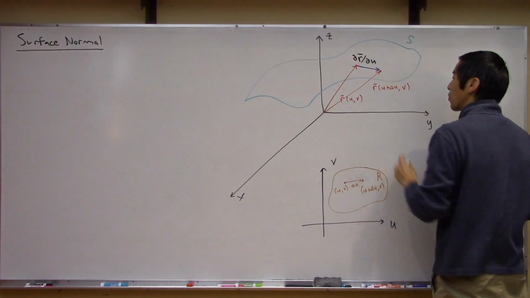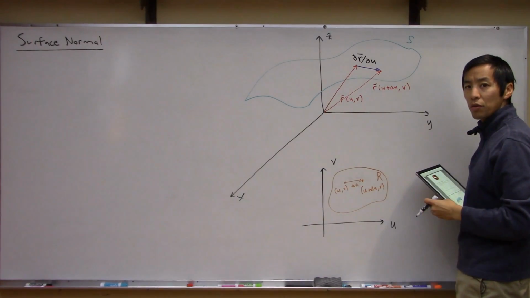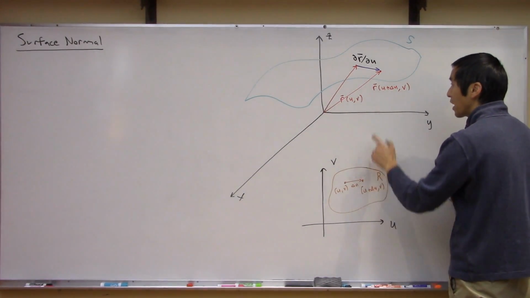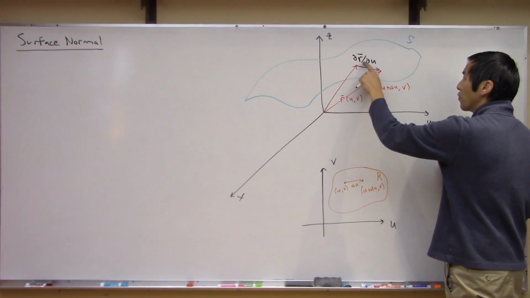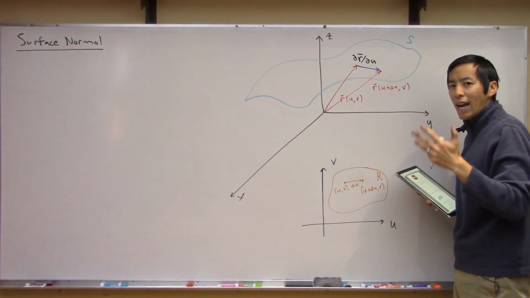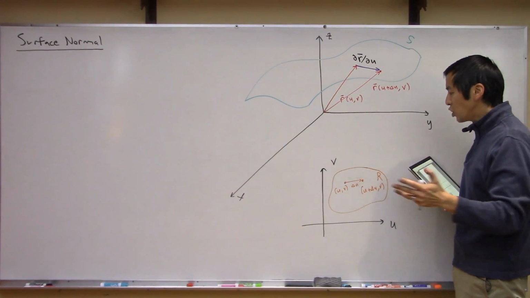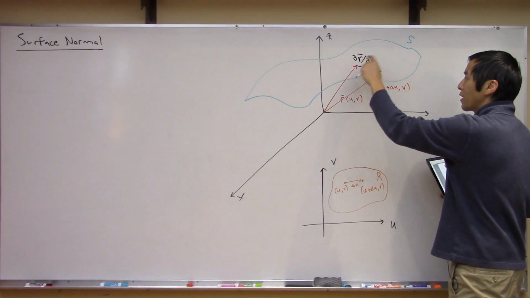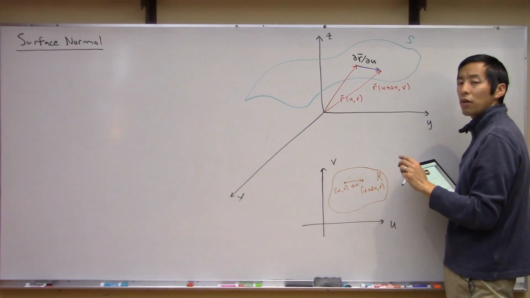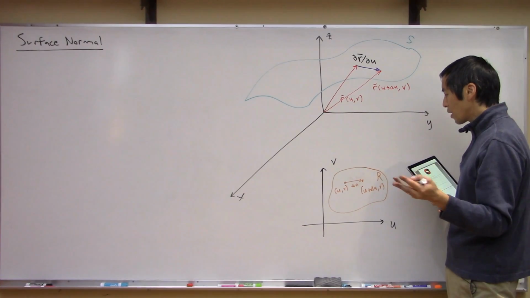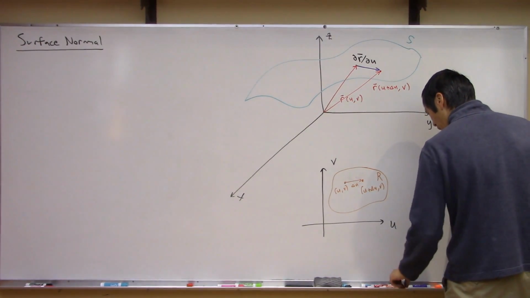It's going to point in this direction. If you calculate the partial of r with respect to u, that's giving you one of the tangent vectors along the surface at any given location. Does that make sense?